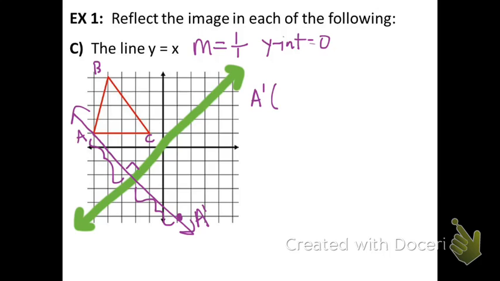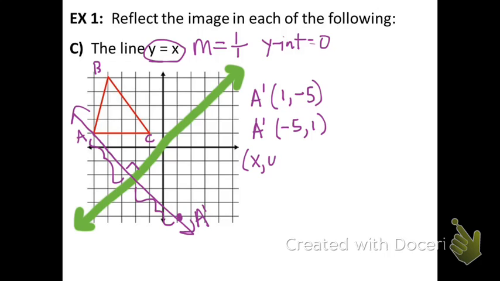And A prime is over 1, down 5. And then I'm going to say, well, what was A? What did we start out with? A was back 5, up 1, and then we talked about a rule that we can make if it's into the line y equals x. As we looked at these, we said, hey, the coordinates just swapped places.